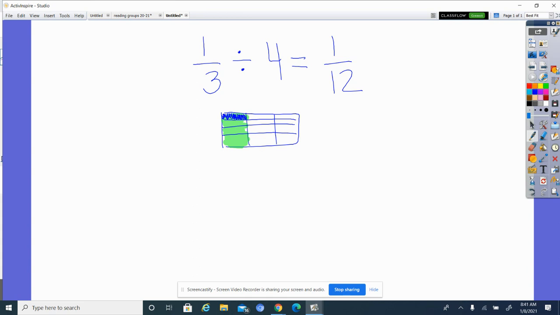What do I do? Invert and multiply. Do I change my 1/3? No, this doesn't change. We still have 1/3 of the watermelon. What do I invert? The 4. How do I flip that upside down?